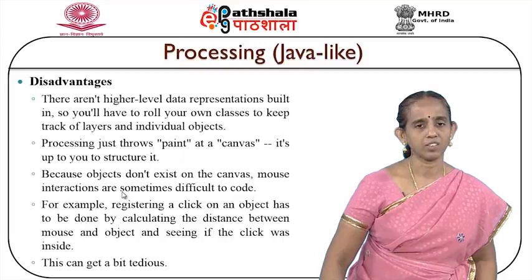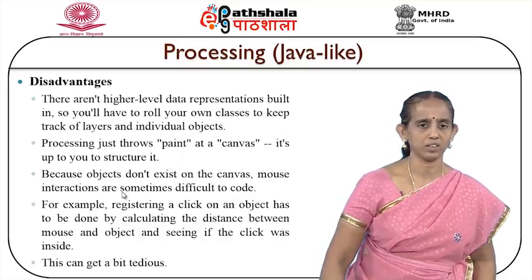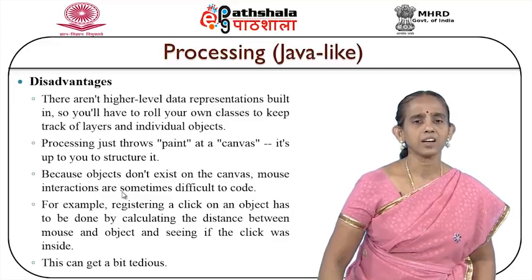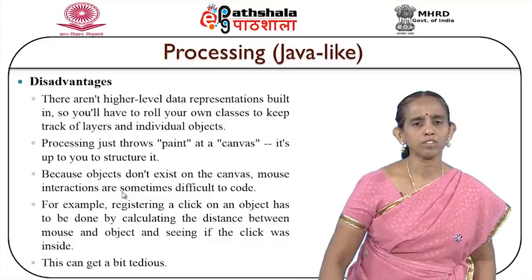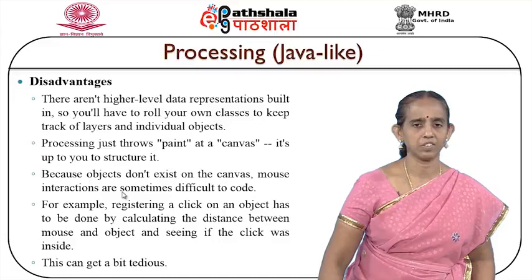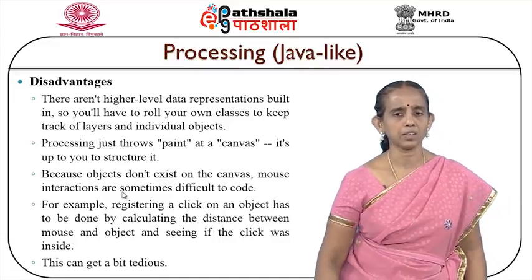Some of the disadvantages associated with this Processing Java-like toolkit are that there aren't higher level data representations built in, so you will have to roll your own classes to keep track of layers and individual objects. Processing just throws paint at the canvas.